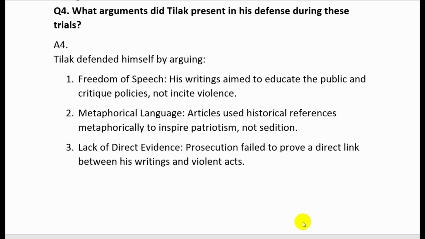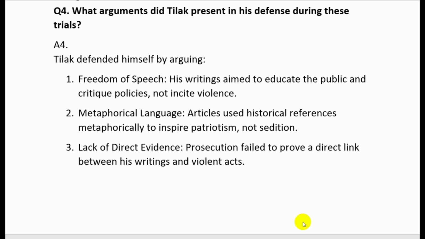Tilak defended himself by arguing first that he had freedom of speech, that is, his writings aimed to educate the public and critique policies, not incite violence. Metaphorical language: articles used historical references metaphorically to inspire patriotism, not sedition.